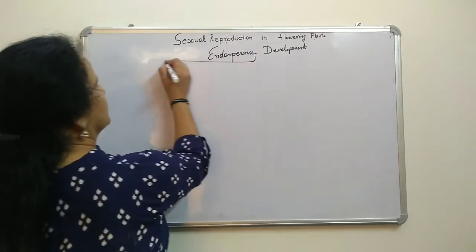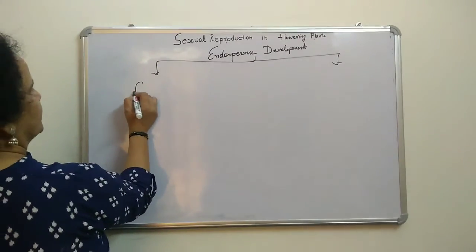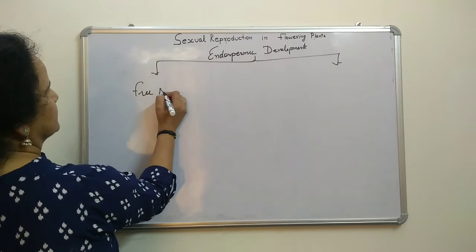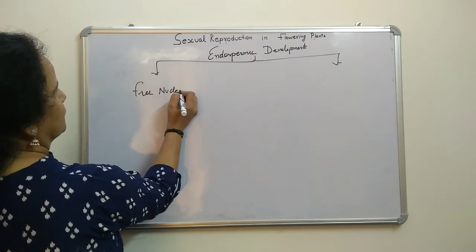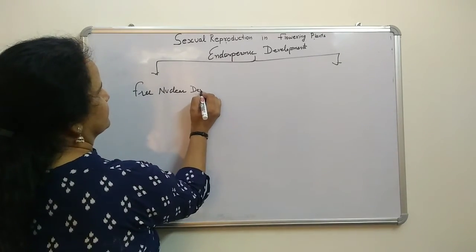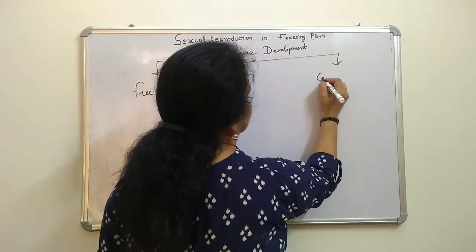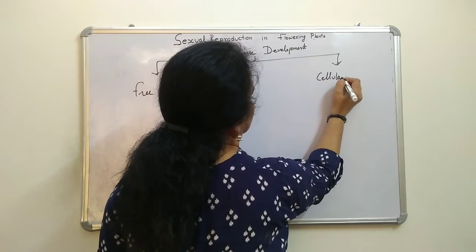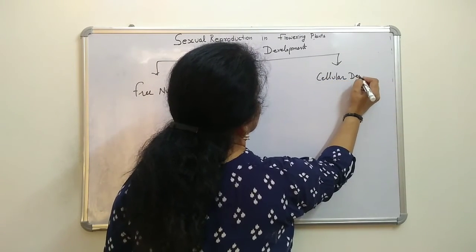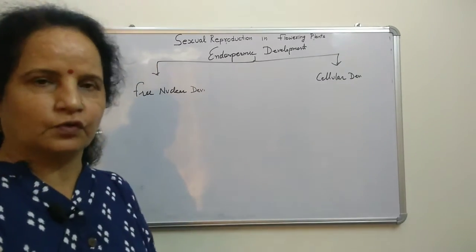There are 2 steps. First one is called free nuclear development, and then cellular development. Means there are 2 steps taking place, slowly, gradually.